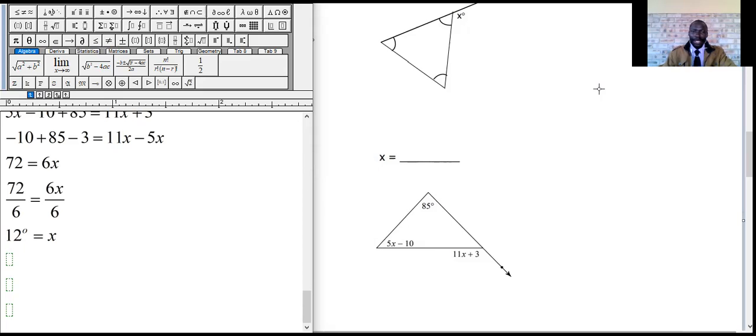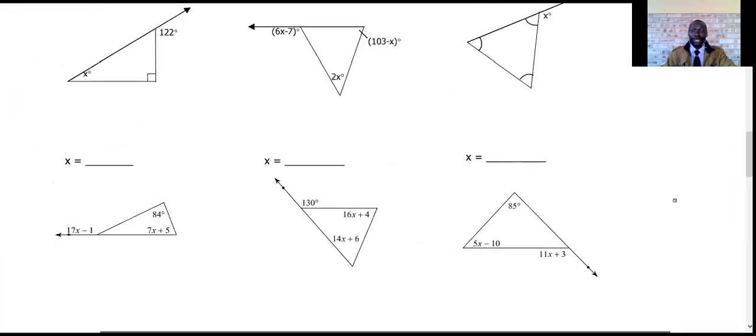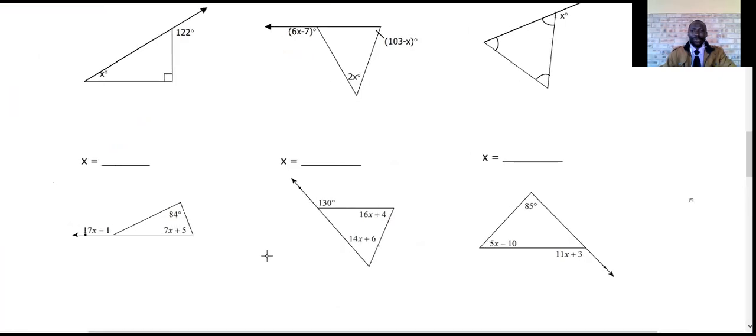Now, this one is supposed to lead us to the end of this lesson. So please use this property, which we are calling the sum of the interior angles. That is, 2 interior angles add up to give you one opposite exterior angle.